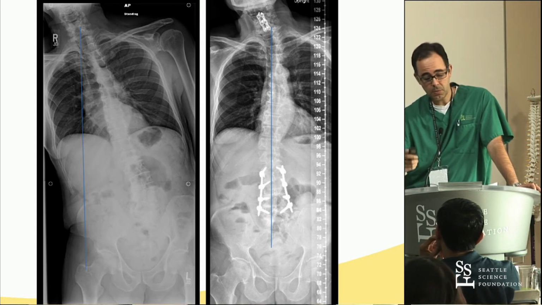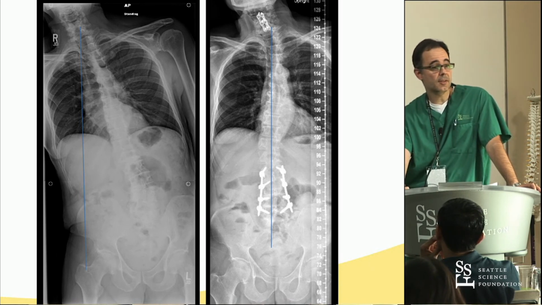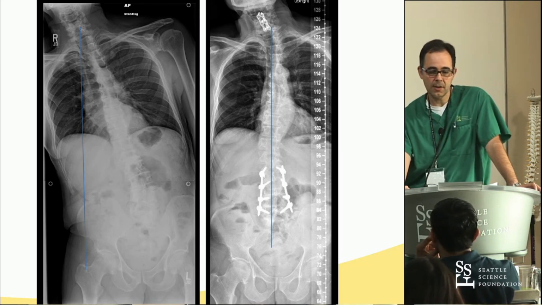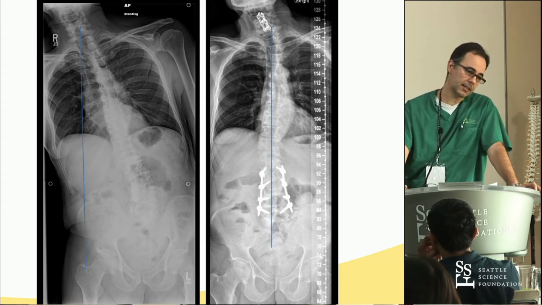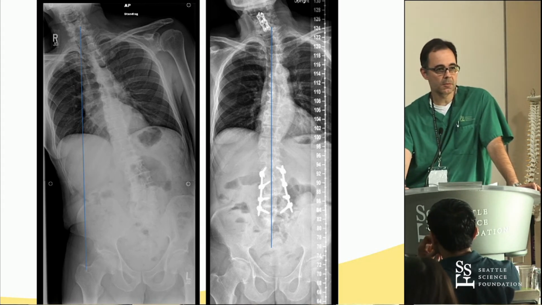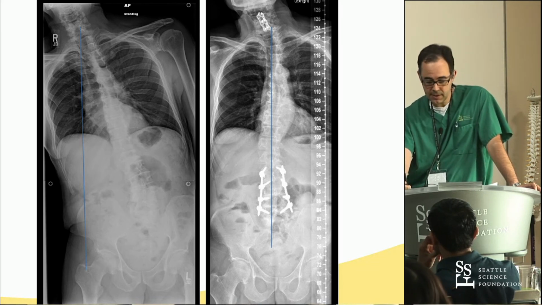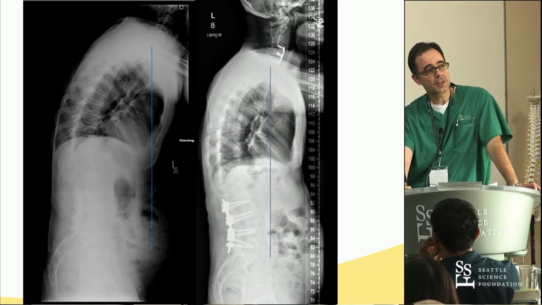One thing I had to do prior to this surgery is I had to do a 2-level ACDF because he had very severe cervical stenosis, and I always worry about the patient's neck during these oblique surgeries, because the head is sort of hanging there a little bit, not as controlled as you would like it to be. So I had to do an ACDF prior to that, and that's his sagittal correction.